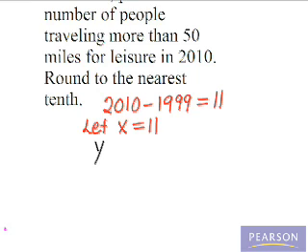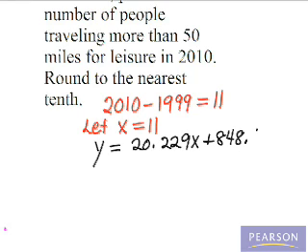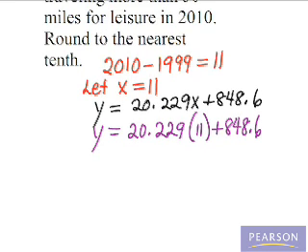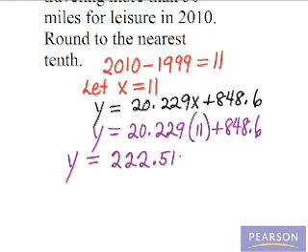We're going to use the equation y equals 20.229x plus 848.6. So we get y equals 20.229 times 11 plus 848.6. Doing the calculation, we get y is 222.519 plus 848.6.